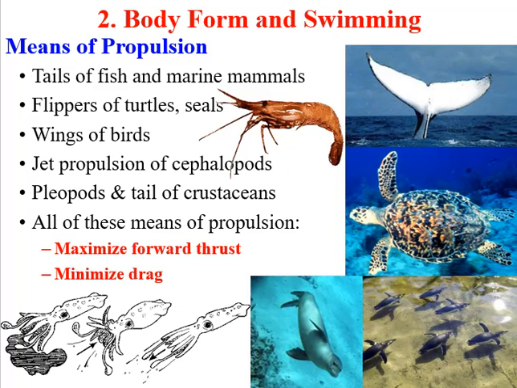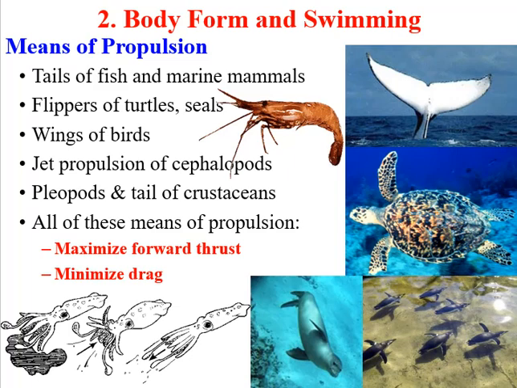But again, whether you have some kind of a tail that moves like a crustacean or a squid that are moving with a jet propulsion, or a seal or a penguin or a turtle or a whale or marine mammal, then the means of propulsion is another thing that should go up on this diagram.